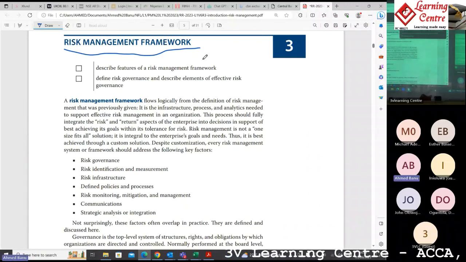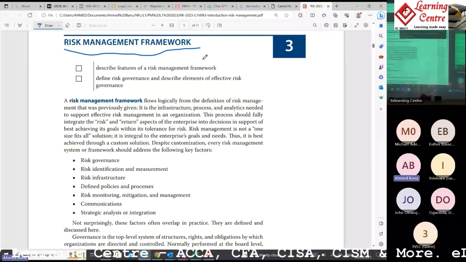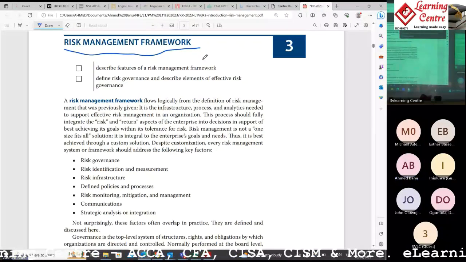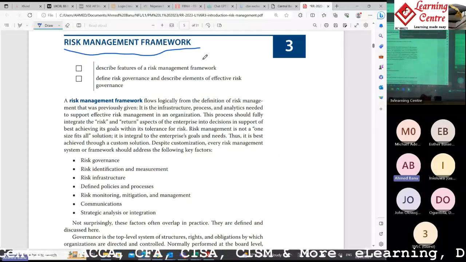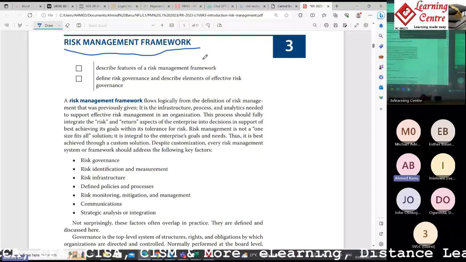I'm sure some of you might have heard of that before. We're going to look at that very soon. But before we do that, there's a key document, a key framework that governs the whole essence of risk management. And that's what we call the risk management framework.